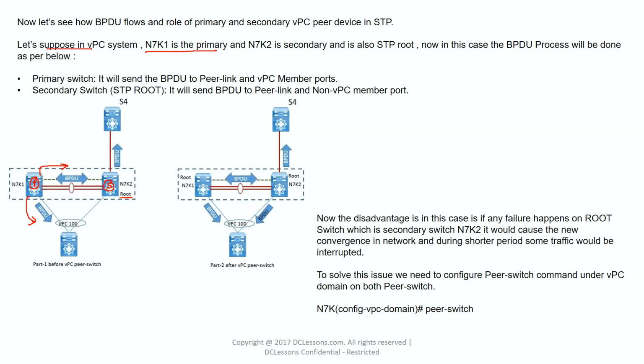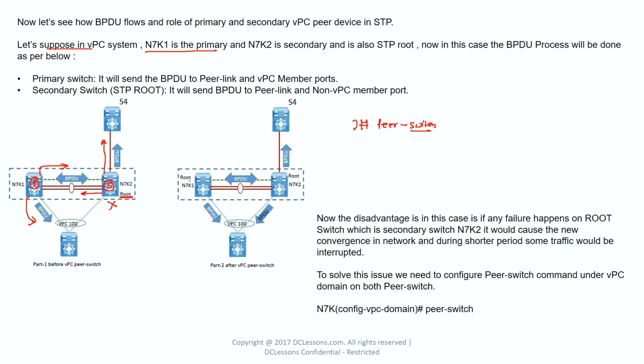The secondary switch, which is also the root bridge, will send a BPDU to the peer link, as well as, if it has any non-VPC switch connected, it will also send a BPDU across it. The disadvantage of this is that if this root bridge fails, it would cause a new convergence in the network, and for a short period of time some traffic would be interrupted. To solve this issue, we configure the peer switch command.